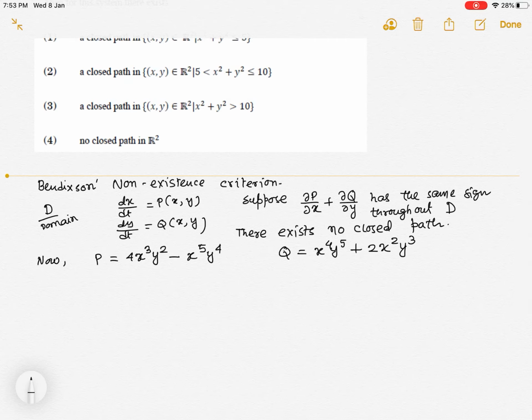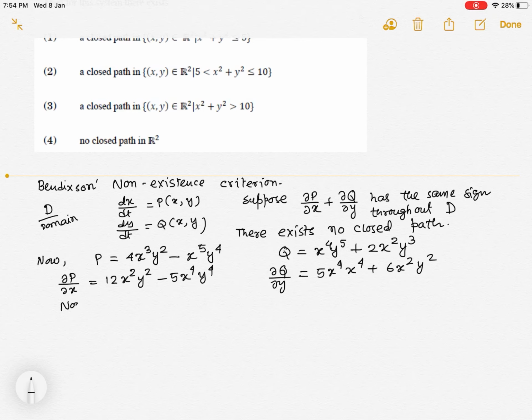Differentiating partially with respect to x, we have ∂p/∂x = 12x²y² − 5x⁴y⁴, and ∂q/∂y = 5x⁴y⁴ + 6x²y².